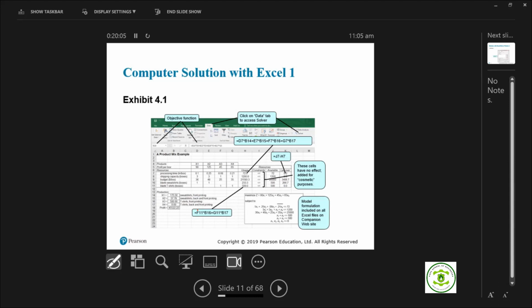When you resolve that, you see that this solution produces some answers that bring new insights. If you look at the resources side, not all the slack values are zero. Remember, we said that the slack variable represents unused resource.